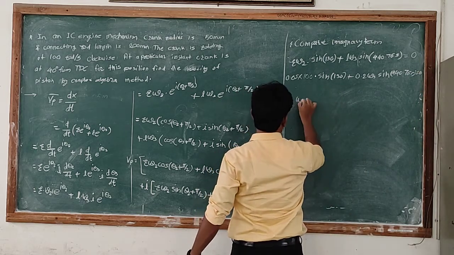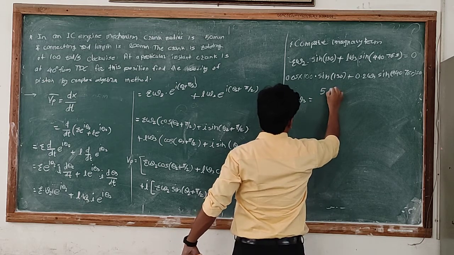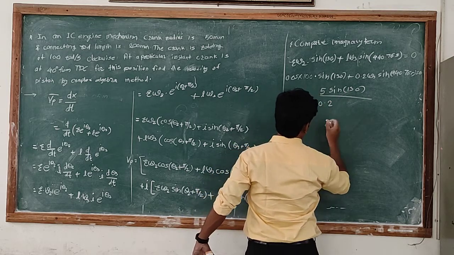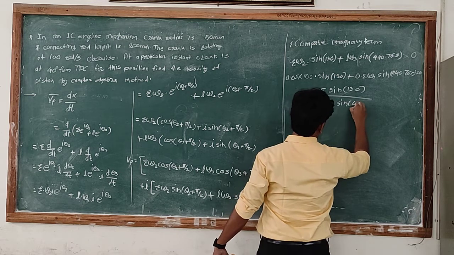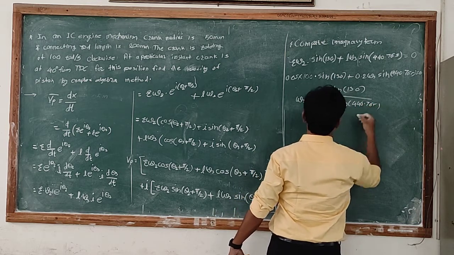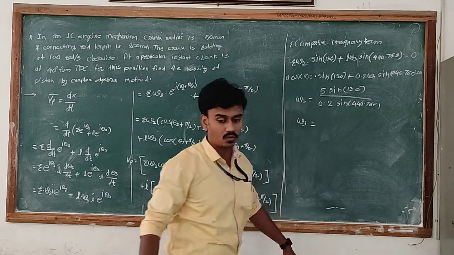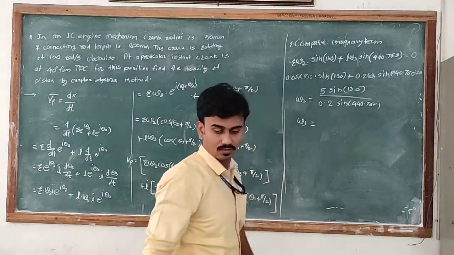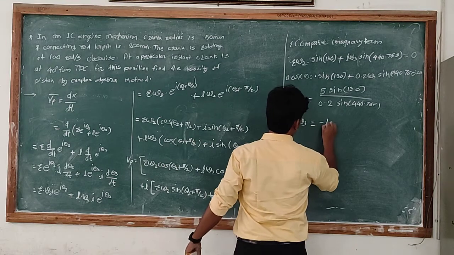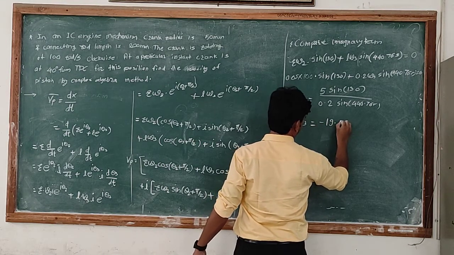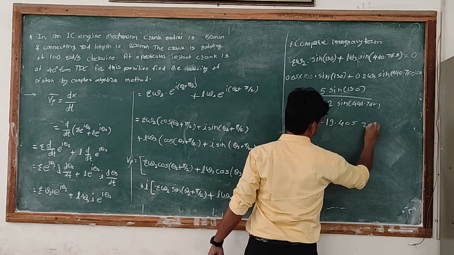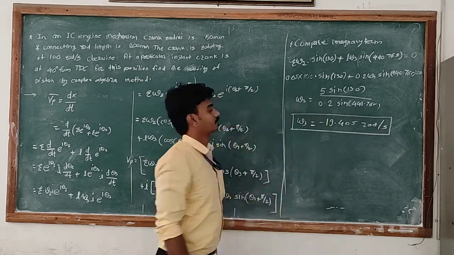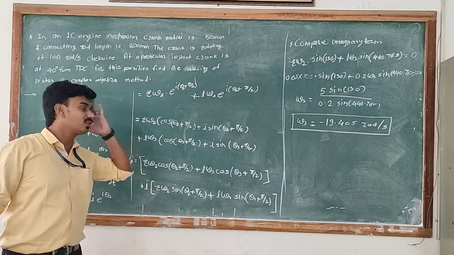Therefore, omega 3 is equal to 5 into sin of 130 divided by 0.2 into sin of 440.765, and the value of omega 3 is minus 19.405 radian per second.